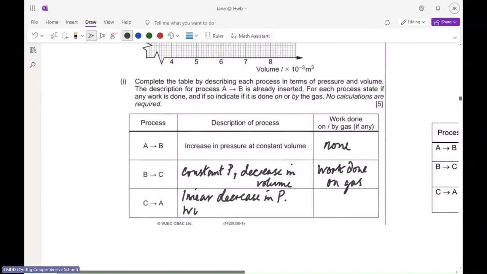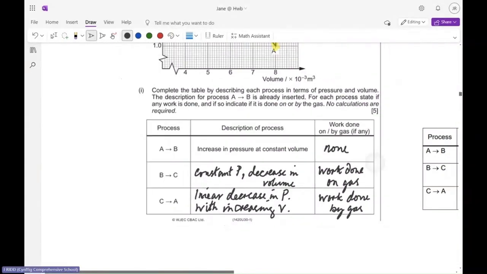With increase in volume. Right. And now is work done on or by gas? This is work done by the gas because we've got an increase in volume. Okay, so this is work done by gas.